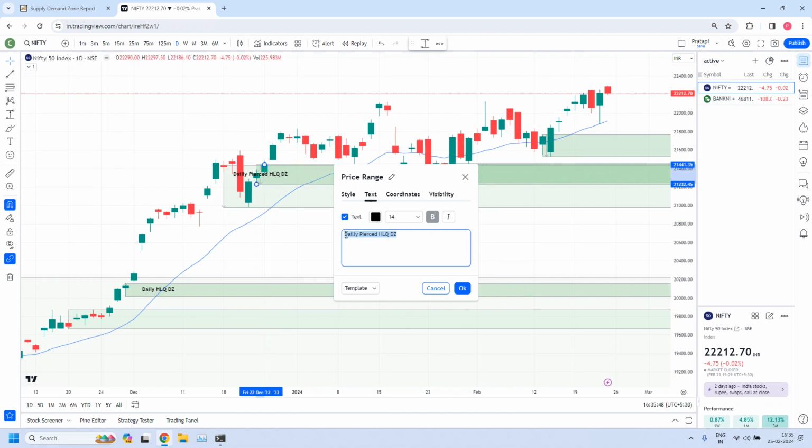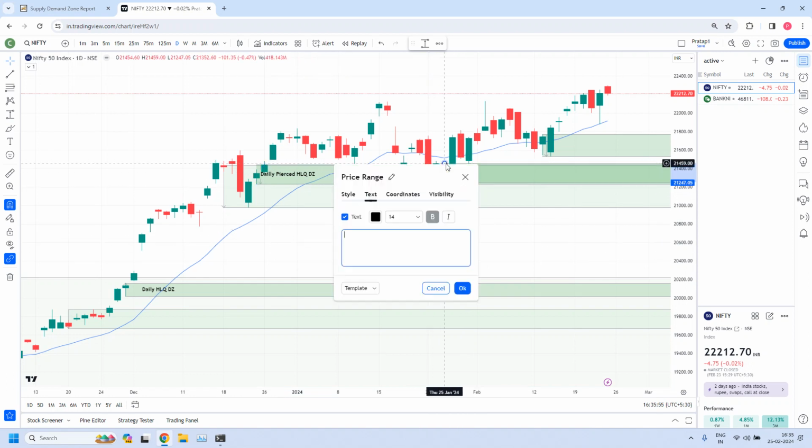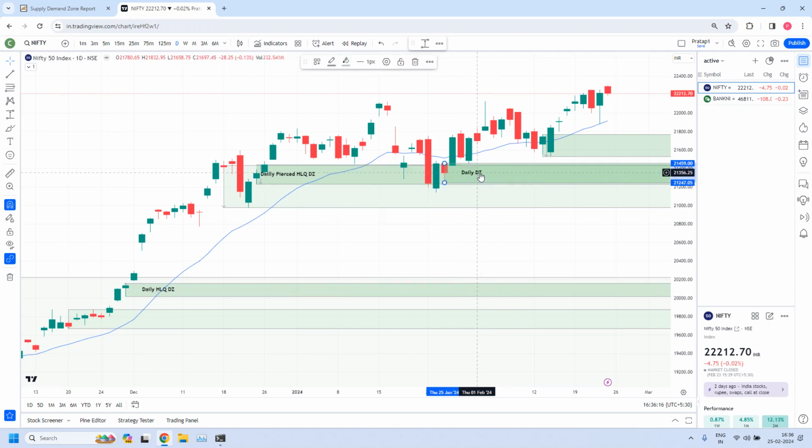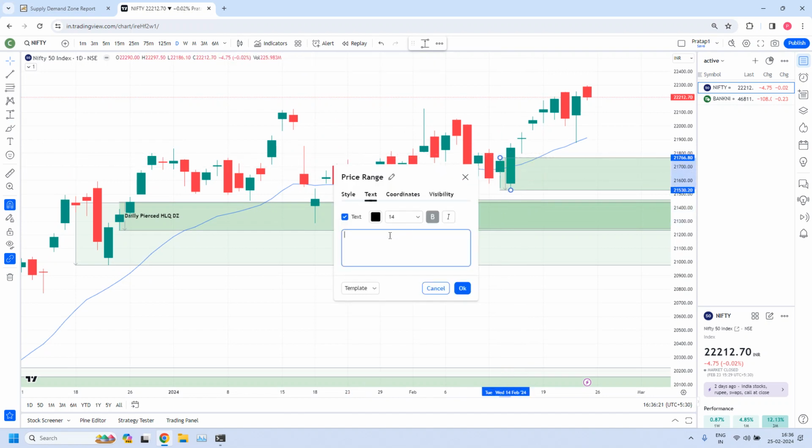This one. And this one is a daily zone, not a high liquidity zone. The high liquidity zone is pierced. Because within the area, after some time again a new zone is created, you cannot call that a pierced high liquidity zone. It is just a daily demand zone, that's it. And this is also a daily demand zone.